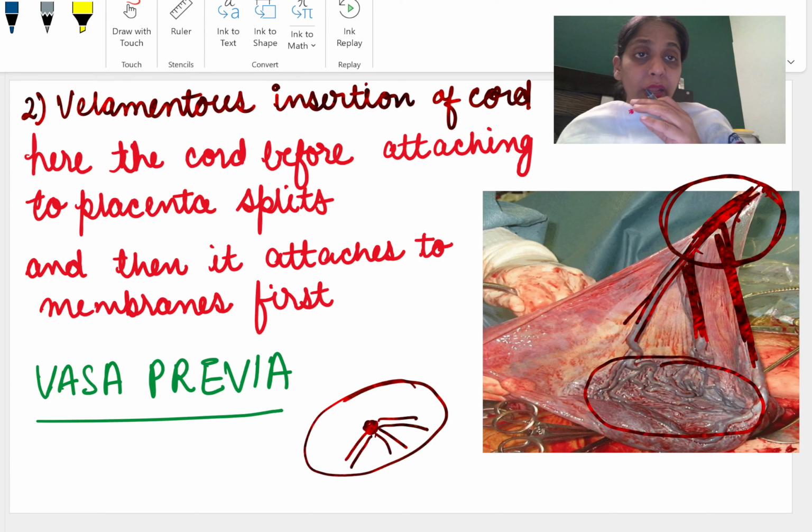But as in this membrane, the splitting occurs before. So the length of the cord gets extended due to the splitting.